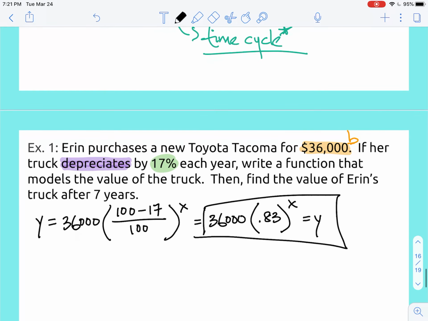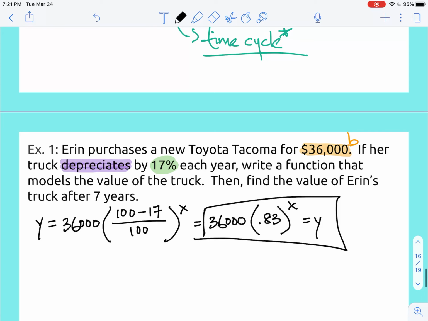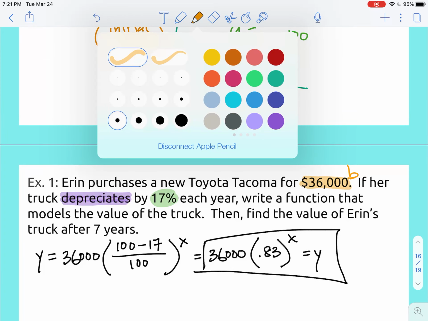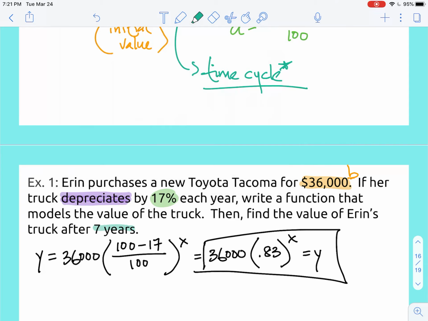That totally works. The second part of the question says, find the value of Erin's truck after 7 years. Since 7 years is a time, that means that 7 is our time cycle.